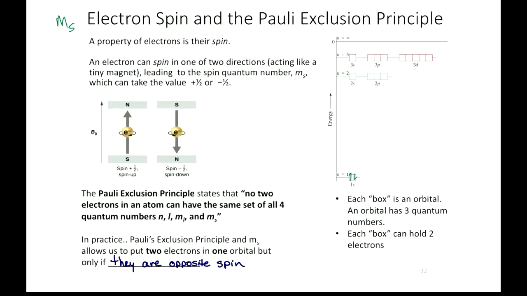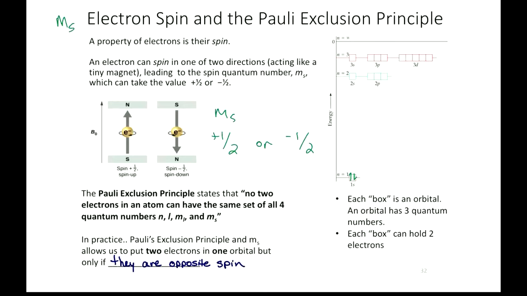The spin allows us to put 2 electrons in each box, but only if they're spinning in opposite directions. The possible ms values we can have are positive 1/2 or negative 1/2 to signify spin down. So this last quantum number just allows us to put 2 electrons in each box, but only if they're spinning in opposite directions. All right, so that's the last one.